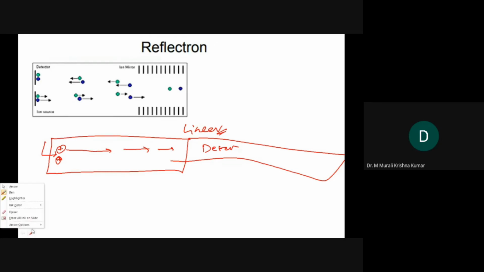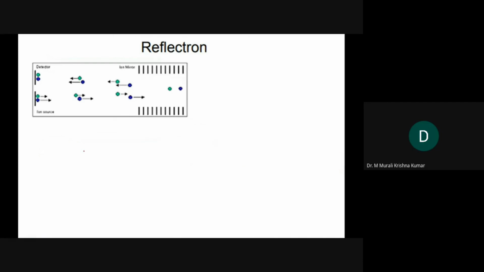So instead, what scientists do is let the ion run to this distance, and then here you keep a reflector. If the ion is positively charged, here you have a positively charged plate, so it will be reflected, because there is repulsion between positive and positive charge. That's why it comes back, and then here again you have a reflector.